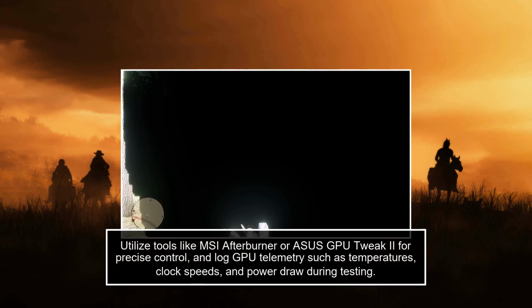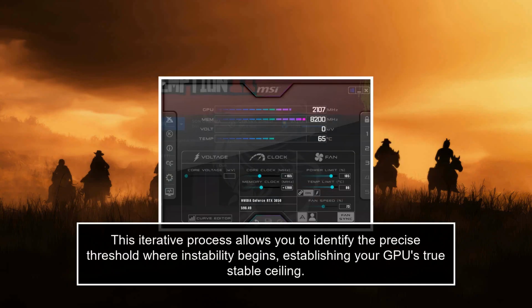Utilize tools like MSI Afterburner or ASUS GPU Tweak 2 for precise control, and log GPU telemetry such as temperatures, clock speeds, and power draw during testing. This iterative process allows you to identify the precise threshold where instability begins, establishing your GPU's true stable ceiling.